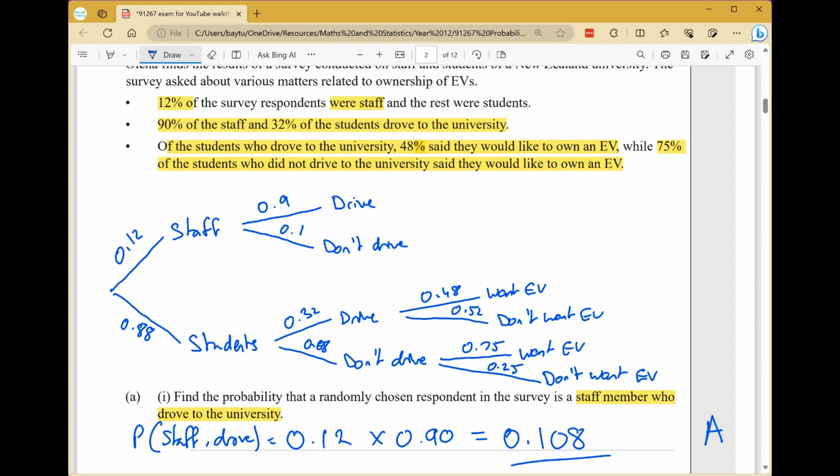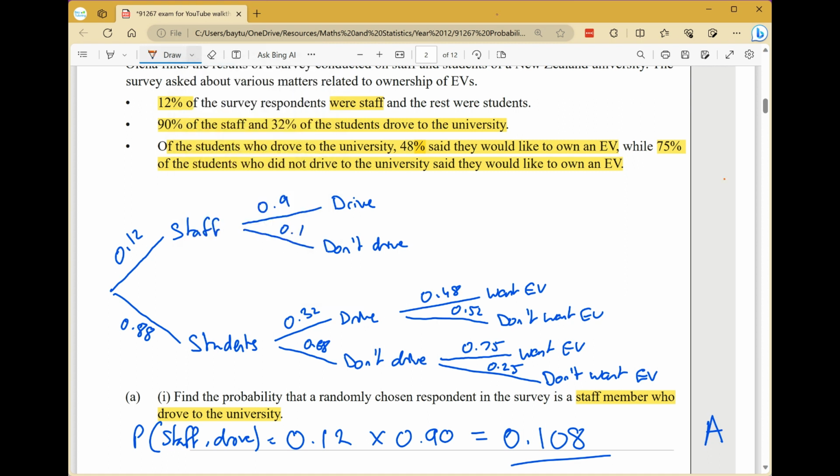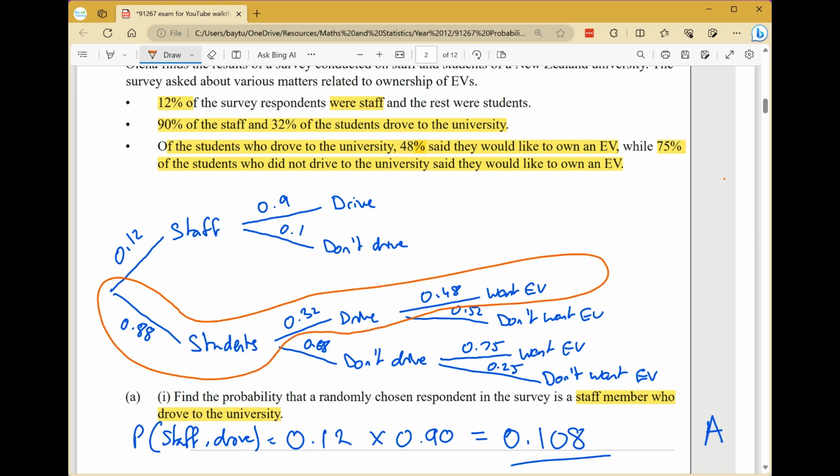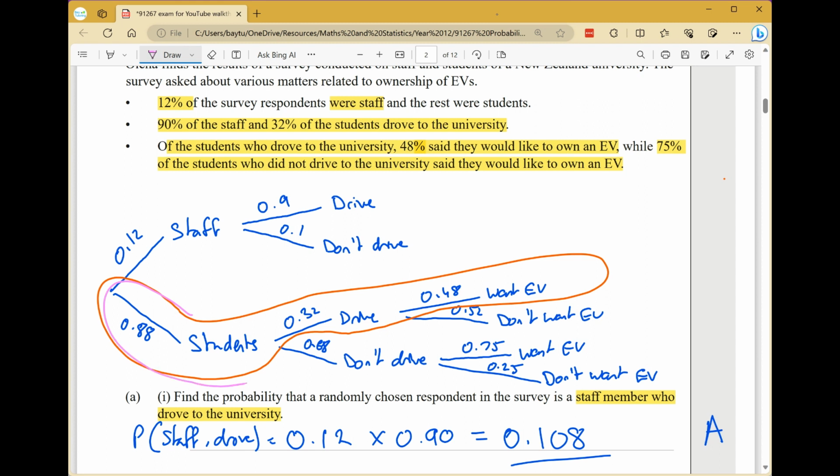So we need to consider the outcomes where we have a student who wants to own an EV. So we could have a student who drives and wants an EV, and we could have a student who does not drive, who wants an EV. Those are the 2 possible outcomes where a student wants an EV. So let's work out those probabilities.